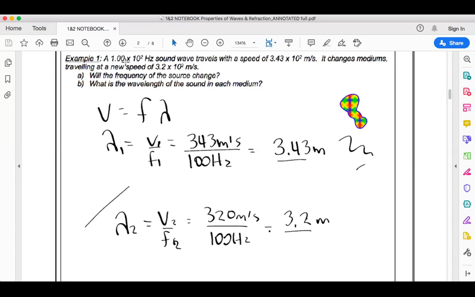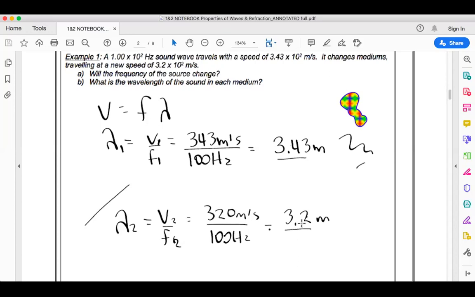And then going to a new speed, it will have a new wavelength. So the longer wavelength means the wave is more spread out horizontally, whereas the shorter wavelength means it's more bunched up.